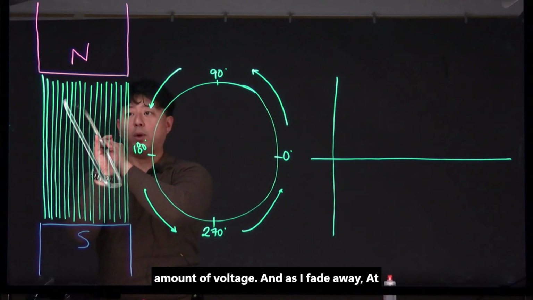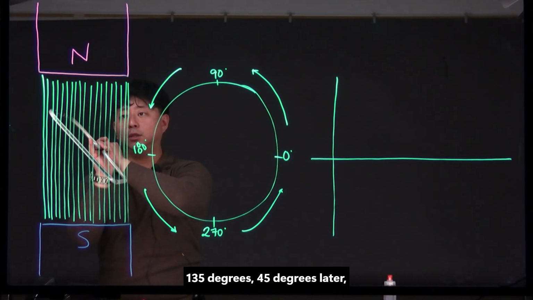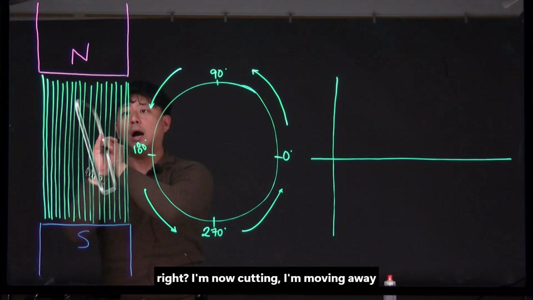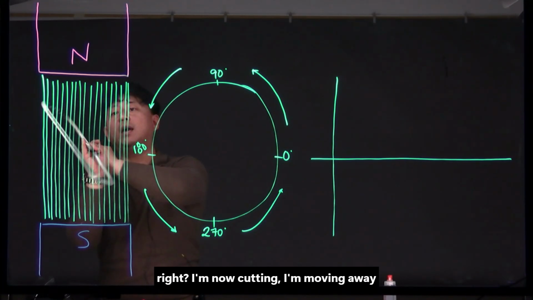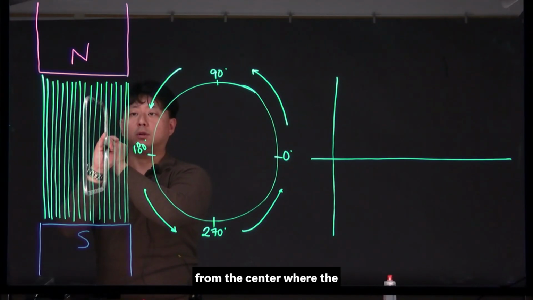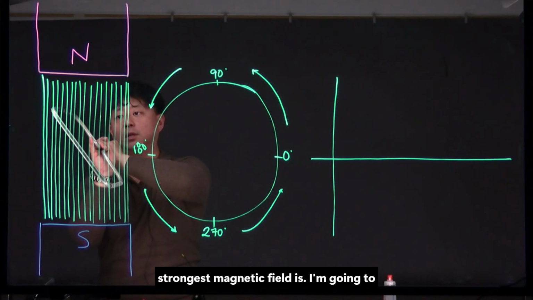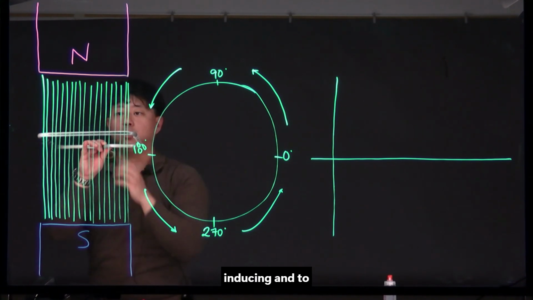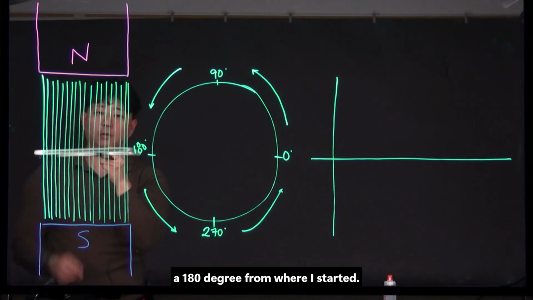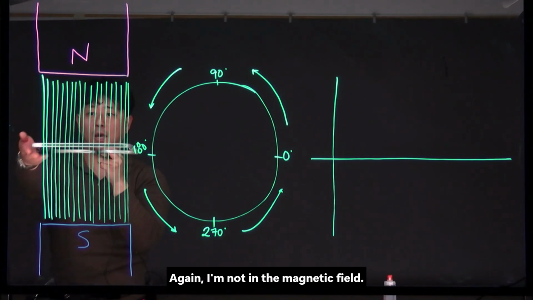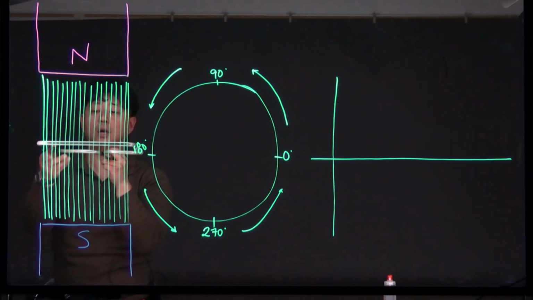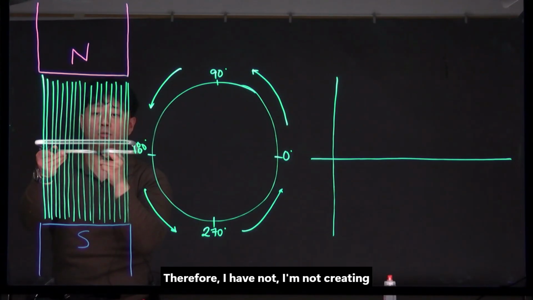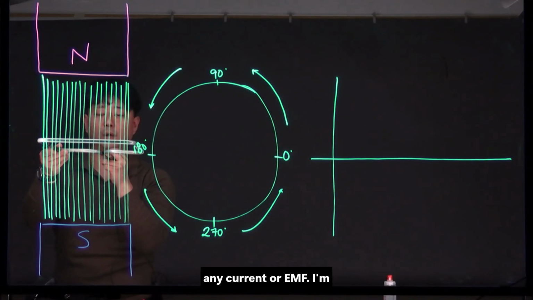And as I fade away at 135 degrees, 45 degrees later, I'm moving away from the center where the strongest magnetic field is. I'm going to less and less and less voltage inducing, and to 180 degrees from where I started. Again, I'm not in the magnetic field, therefore I'm not creating any current or EMF.